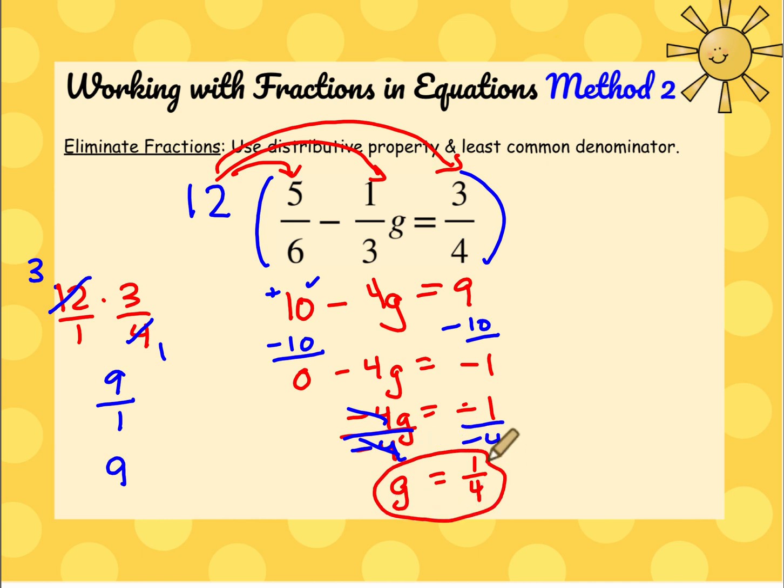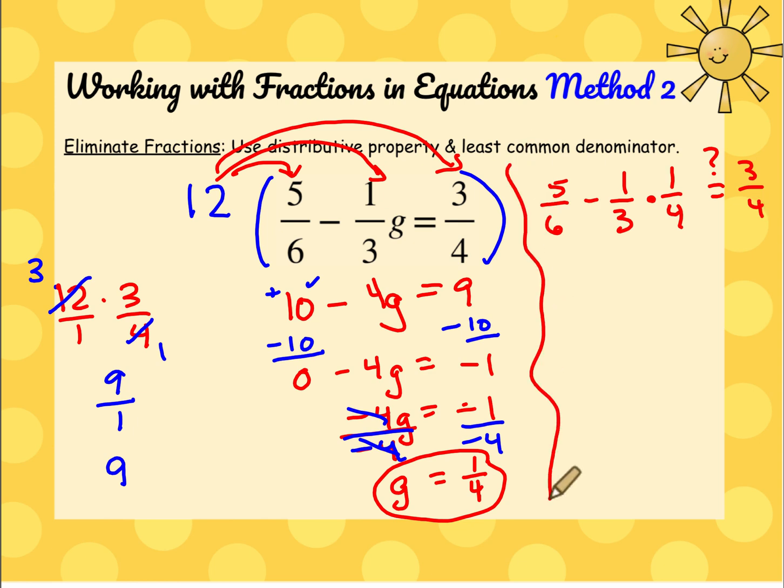And to check if I got it right, I go back to my original, and I substitute 1/4, and my question is, is this going to be 3/4 when I'm done? So following order of operations, I would multiply 1/3 times 1/4.